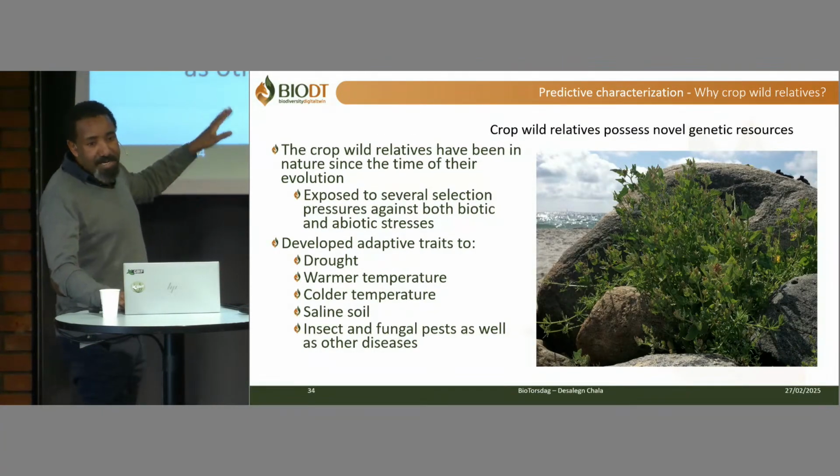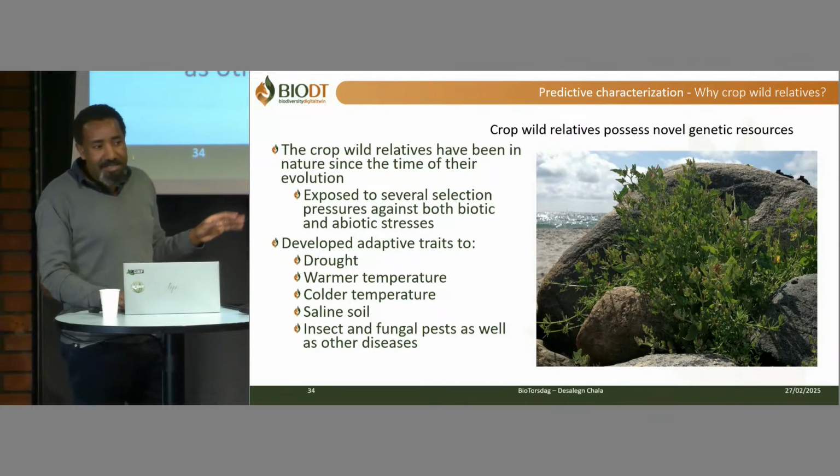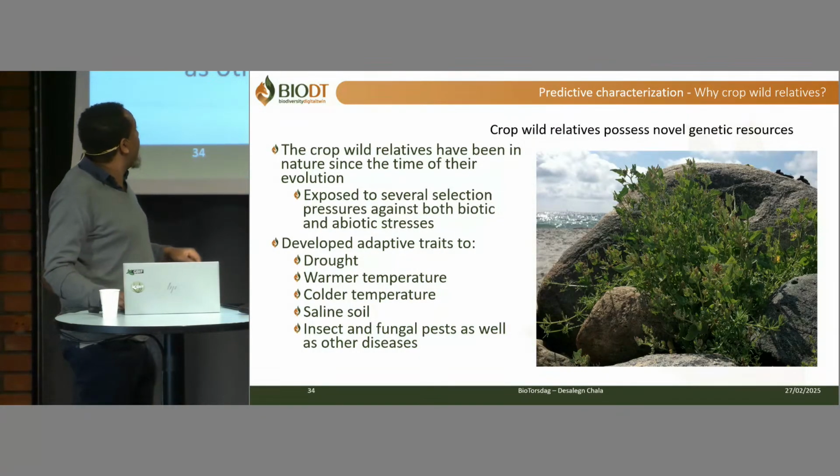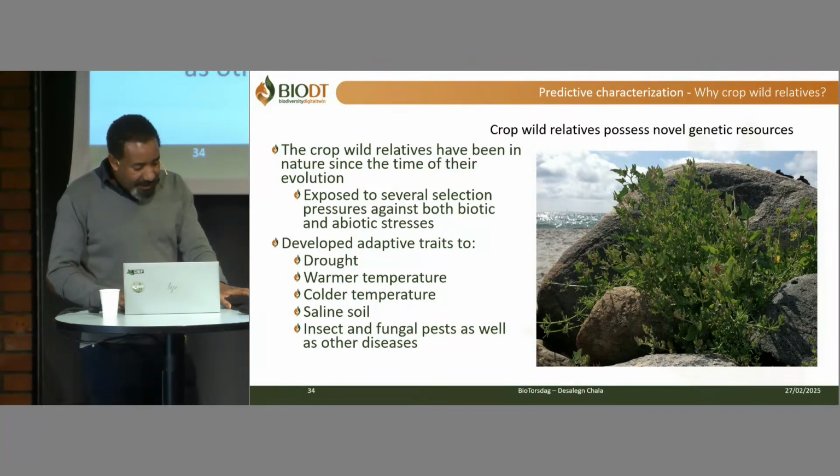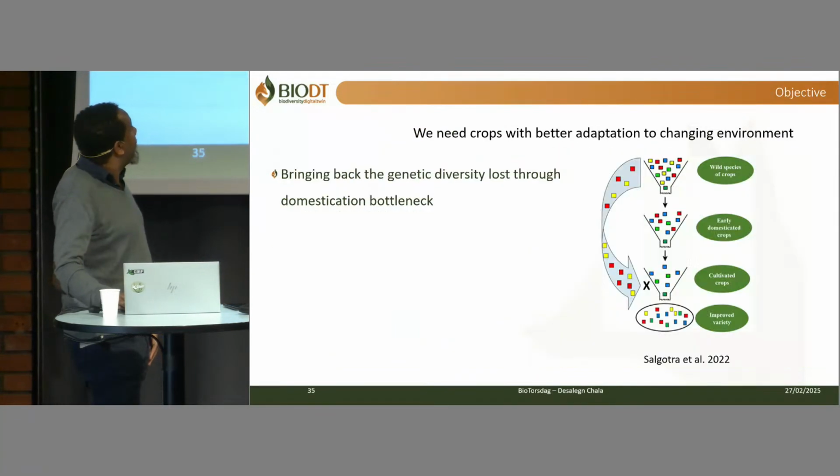But the crop wild relatives have been in the wild since the time of their evolution, and they have adaptive traits to drought, to warmer temperature, to colder temperature, to saline soil, to insect and fungal pests, and so on.